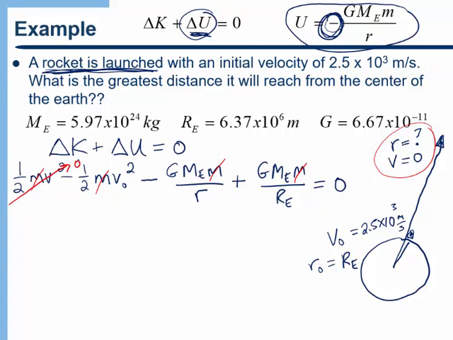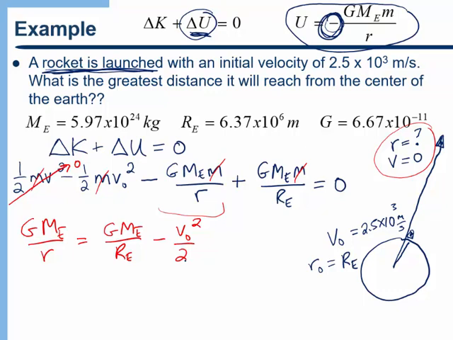Let me rearrange this equation a little bit. Let me start to get it in the form where we can solve for r. And again, I want to do this algebraically as always. So I'm going to bring this term to the other side, but then I'm going to reverse the way I write them. So I get G mass of the Earth over r is equal to G mass of the Earth over the radius of the Earth minus v naught squared over 2.